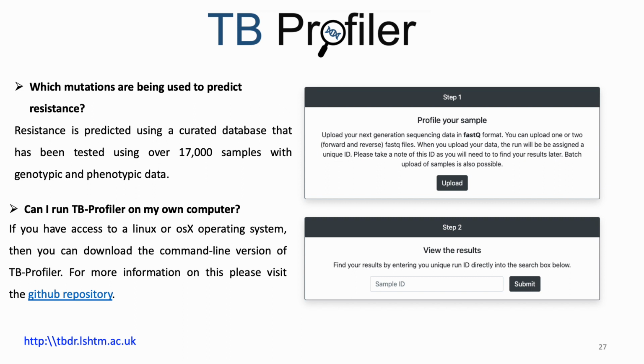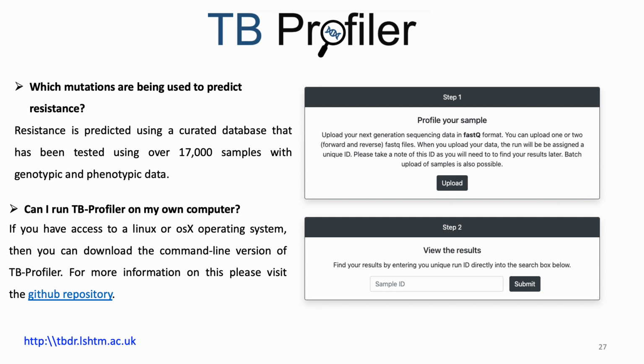You go to GitHub and search for the TB Profiler, and you will have all the information on installation, setting up, and the usage of TB Profiler for those who want to use it in command line.